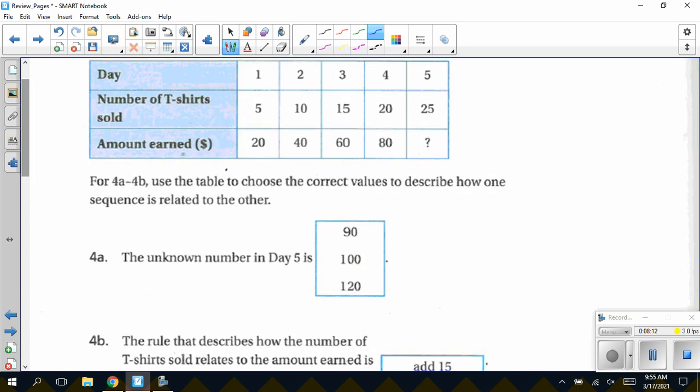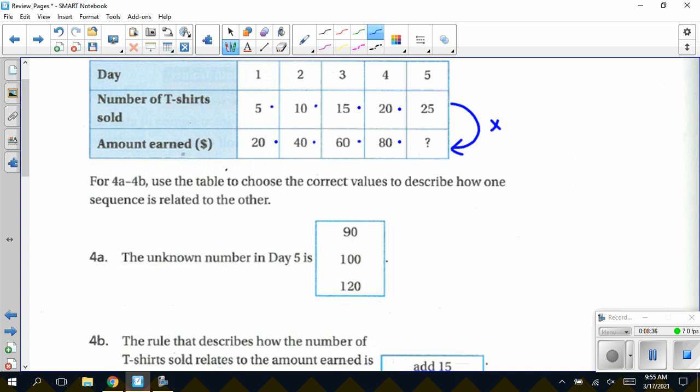So we're comparing the number of t-shirts sold to the amount of money earned. I do see that my numbers are increasing, so I'm going to have to multiply. And now I need to figure out how I'm going from t-shirts sold to the amount earned. So I have to figure out how do I go from 5 to 20, 10 to 40, 15 to 60, and 20 to 80.